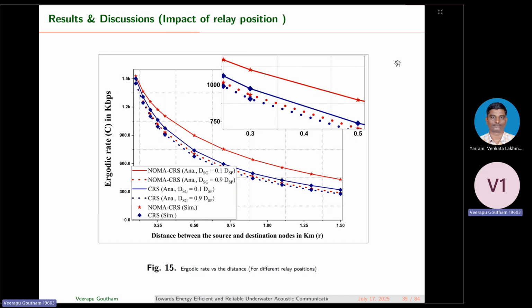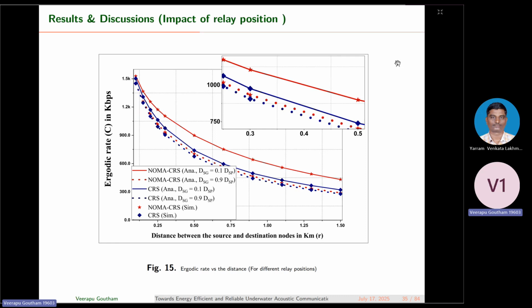Now in the CRS, we consider the relay node in two different scenarios. In one case, we consider it nearer to the source.